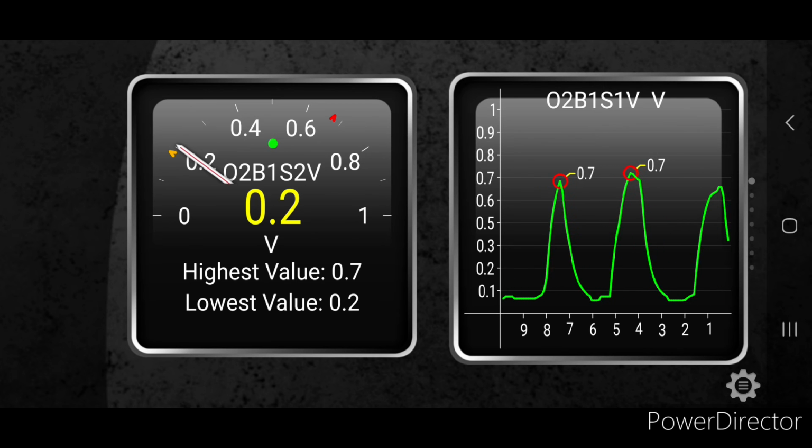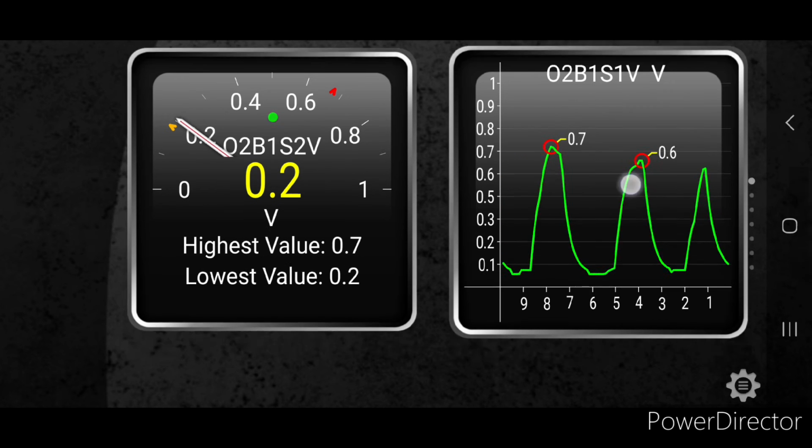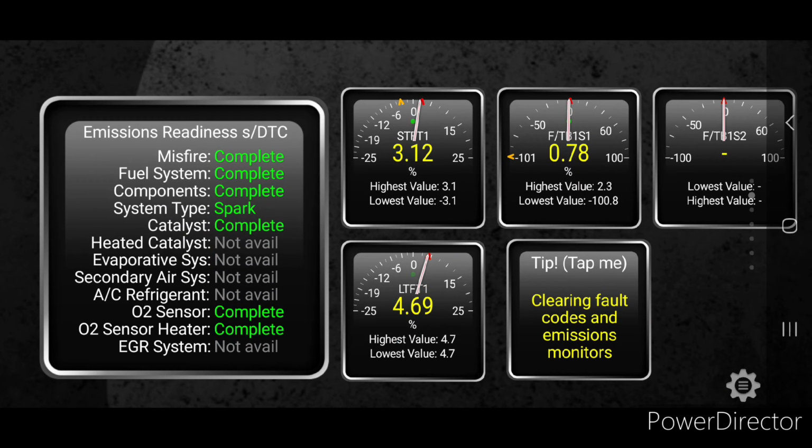Okay guys, let's go back first. Let's check right now. Those are the parameters. So right now the fuel trim is 2%. It's trying to add 4%.